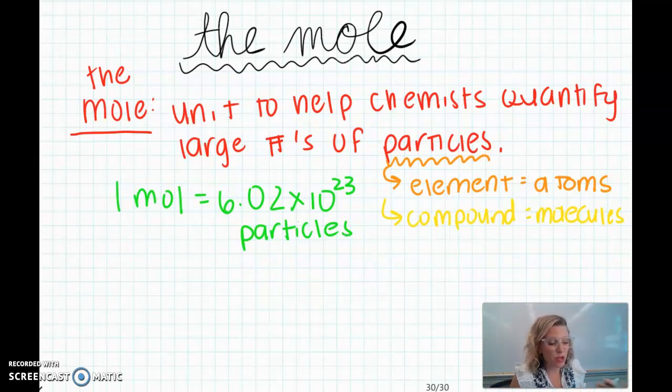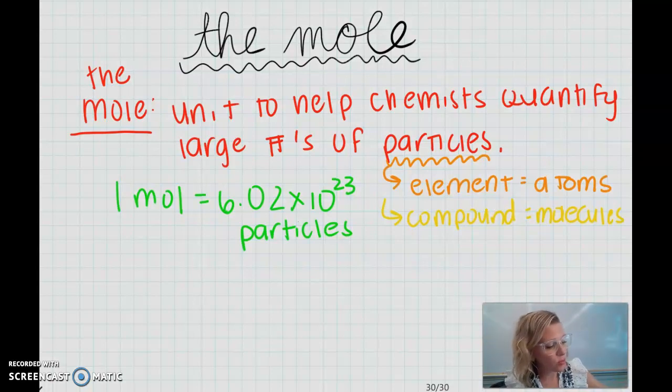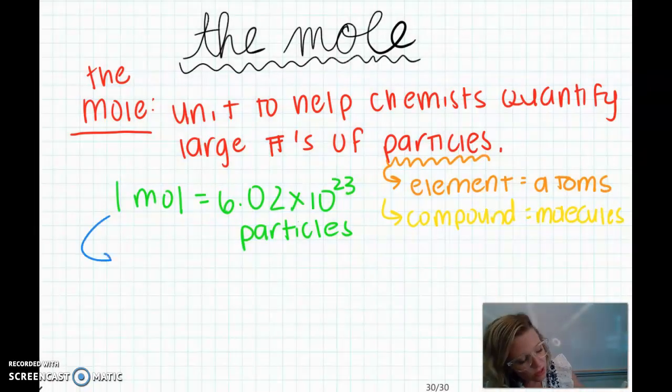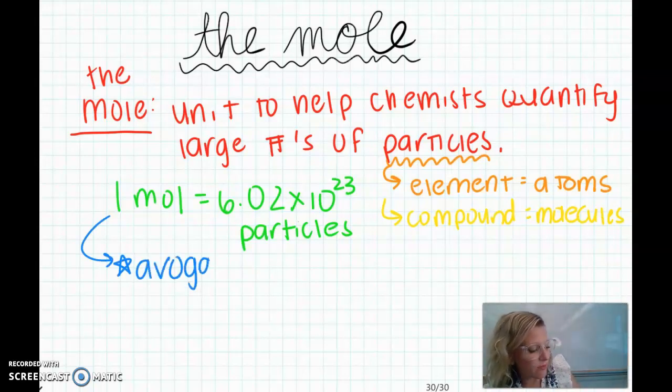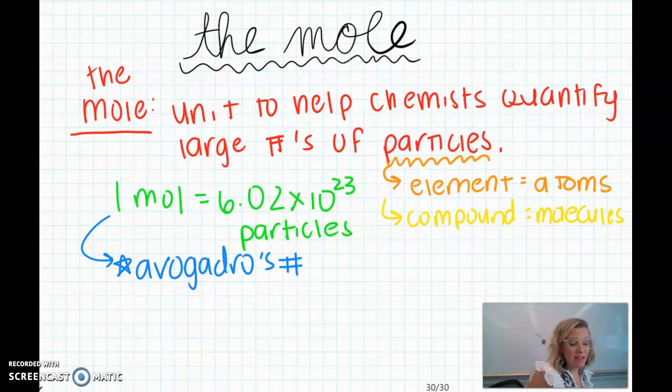That's 6 with 23 zeros that follow it. That's a really big number of particles. And this number, 6.02 times 10 to the 23rd, is also known as Avogadro's number. He was a scientist that helped us determine that exact number of particles. So that's the concept of the mole.